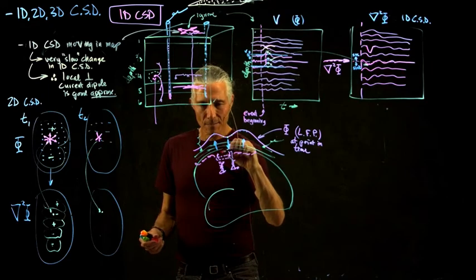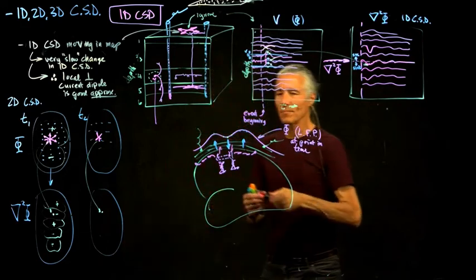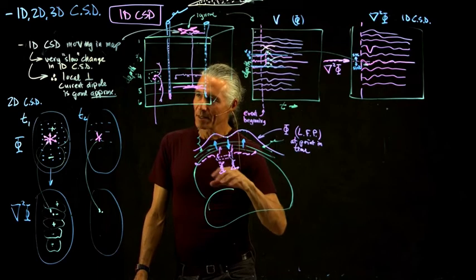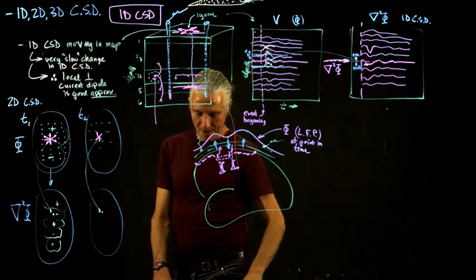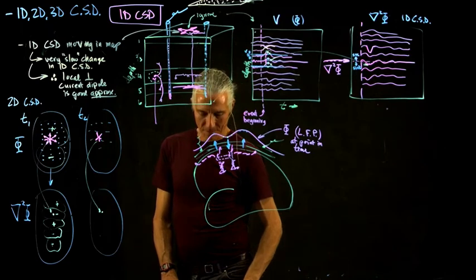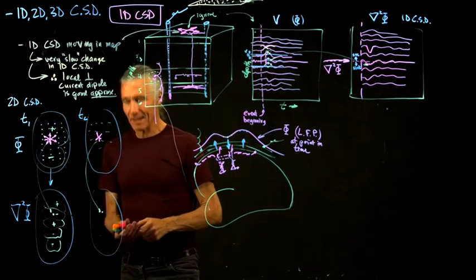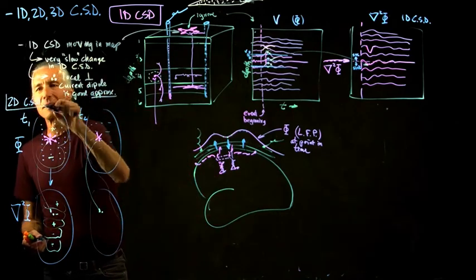But nevertheless, more of them will come out right here, or go in right there. So it's still a good thing to do on the scalp, to get a better spatial picture of how the currents are flowing.